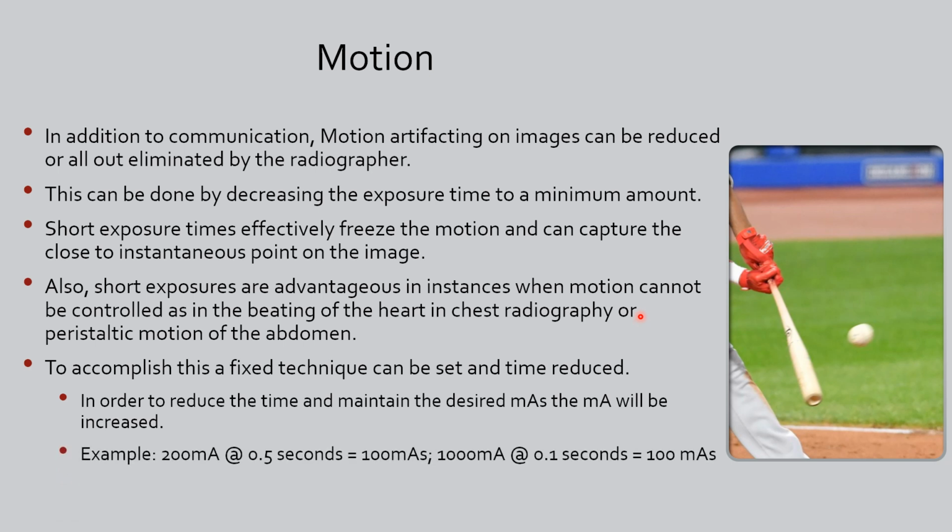An example here is 200 mA at half a second, or 500 milliseconds, which will equal 100 mAs. Or we can use 1,000 mA, so we went up 5 times on the mA, and with that we can go down 5 times on the time. So we can reduce the exposure time by 5.